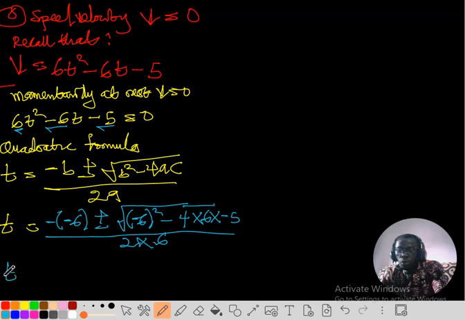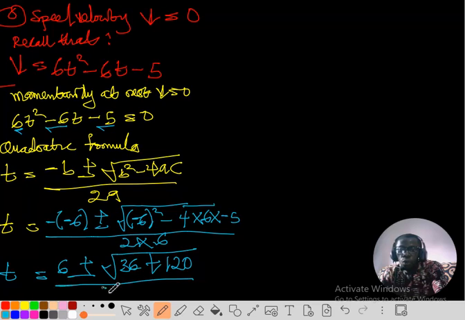So this will now give t equals minus times minus 6, which gives positive 6, plus or minus the square root of minus 6 squared, which is 36, then minus 4 times minus 5, which gives positive. 4 times 5 is 20, then 20 times 6 is 120, over 2 times 6, which is 12.